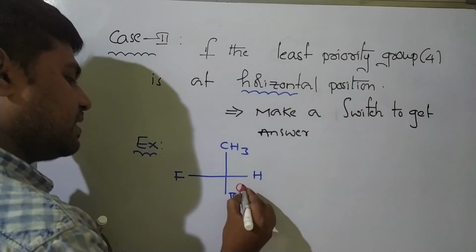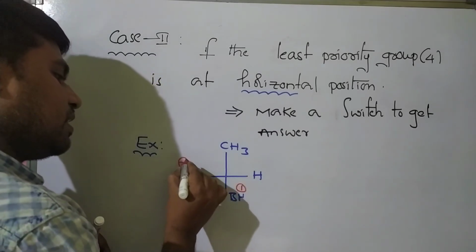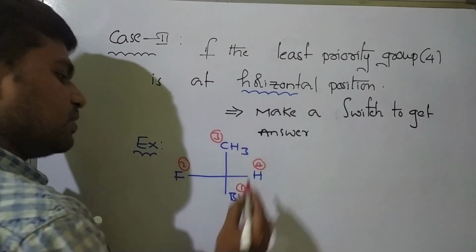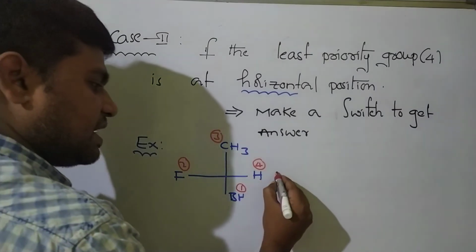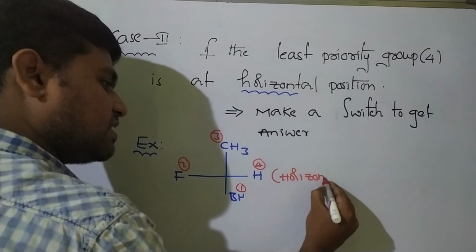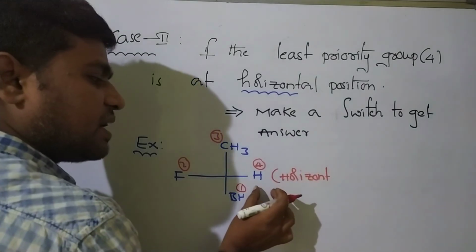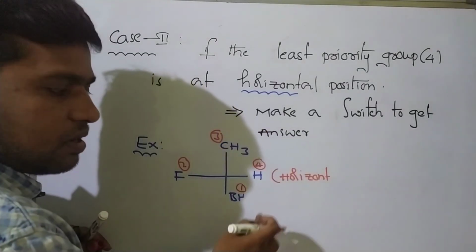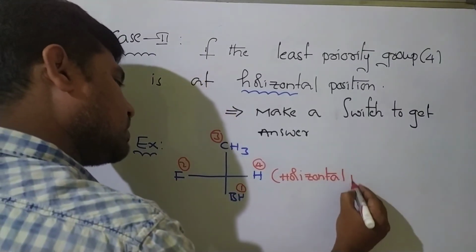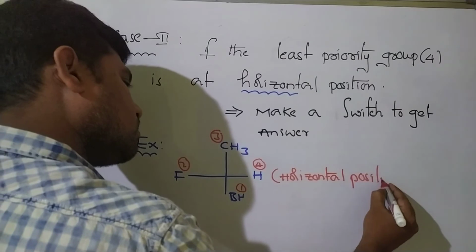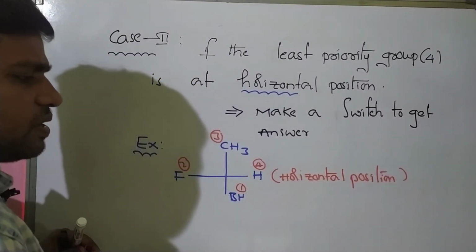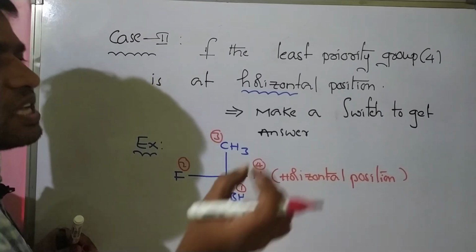Then fluorine, and then the carbon atom. This is the least priority, the fourth one. Here this is at horizontal. In the previous examples, the least priority group was at vertical, but in this case horizontal position. Okay, students, horizontal position. Now same process, but in the end a switching process.